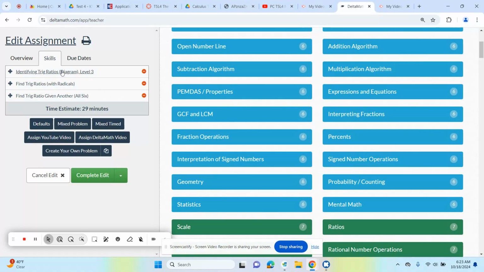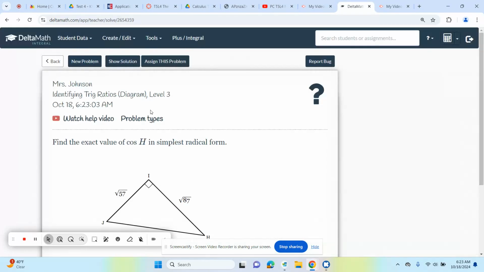All right, first one. Identifying trig ratios. Okay, so this is the first problem. I'm going to copy it down.